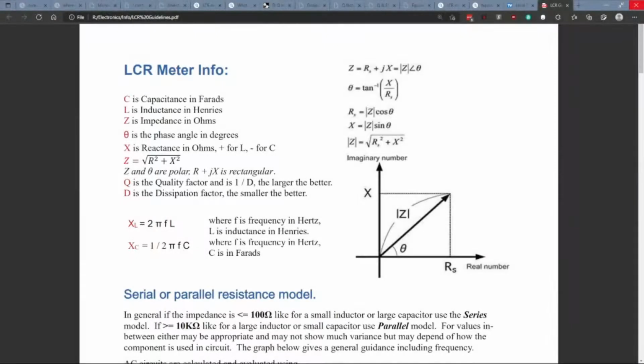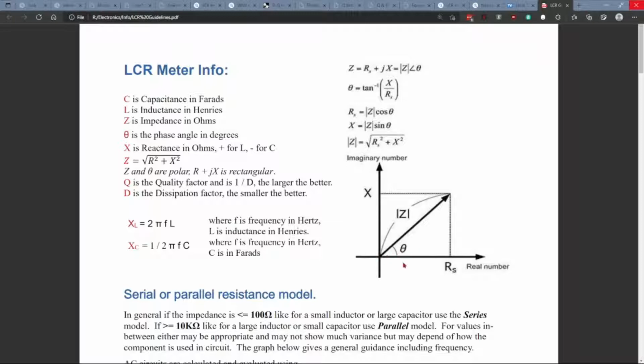Okay, just a little recap here of some of the parameters and values that you'll come across on an LCR meter. They are all related to AC circuits and reactive components such as inductors and capacitors. You saw on the oscilloscope that the voltage across the capacitor and the input voltage to the circuit are out of phase, and that can be shown by this little graph over here.